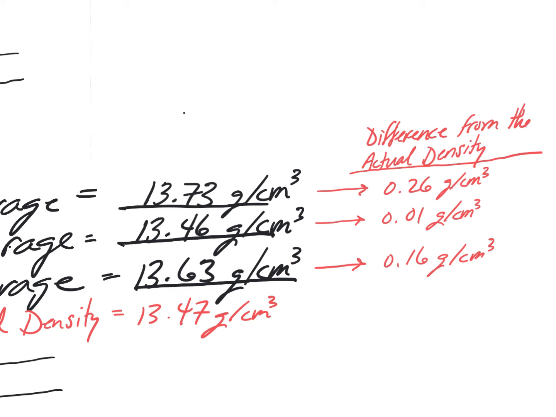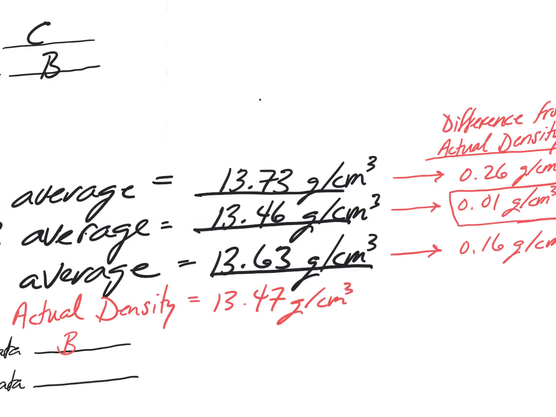For student A, the difference was 0.26. For student B, the difference was 0.01. For C, the difference was 0.16. So when it comes to accuracy, student B is the most accurate. And the least accurate is student A with 0.26.